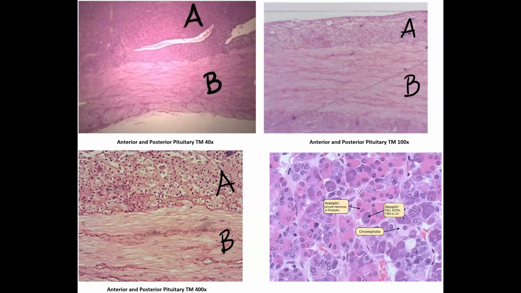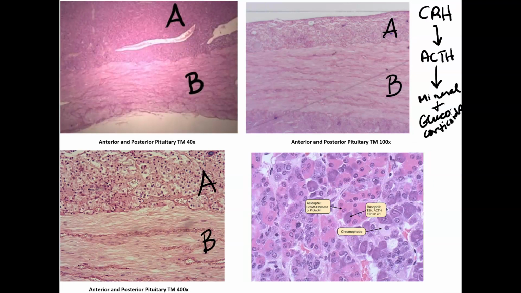But the connection to the hypothalamus is that it tells the pituitary gland when to release these hormones in many cases. So the hypothalamus makes releasing and inhibiting hormones that then tell the anterior pituitary to release or inhibit a hormone. Here's a specific example for you.